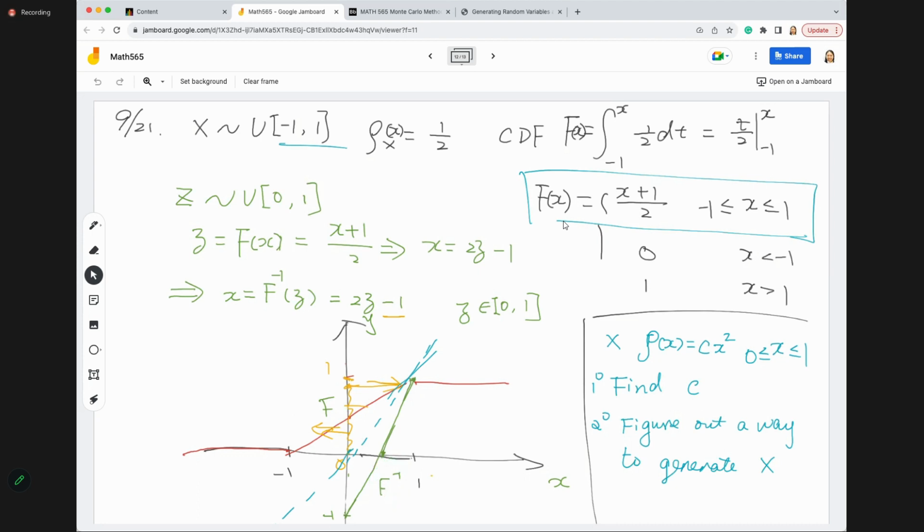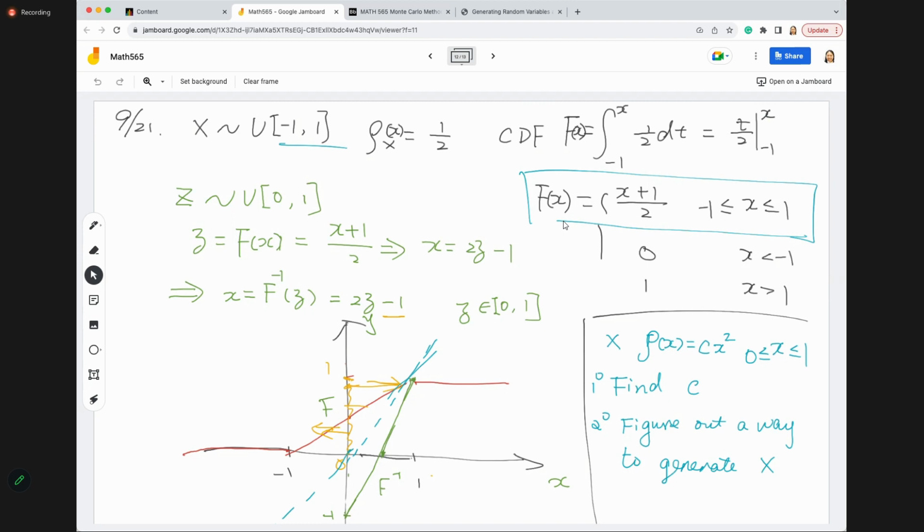So the idea is if you were given some density function, you can always first try to find the CDF if you want to do the inverse distribution transformation. Find the CDF, and then find the inverse, and then you can derive this x based on these uniform random variables here.